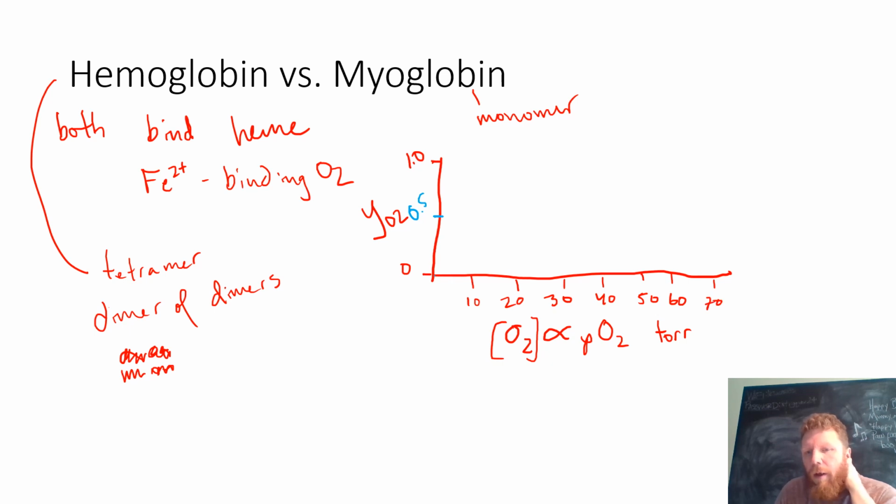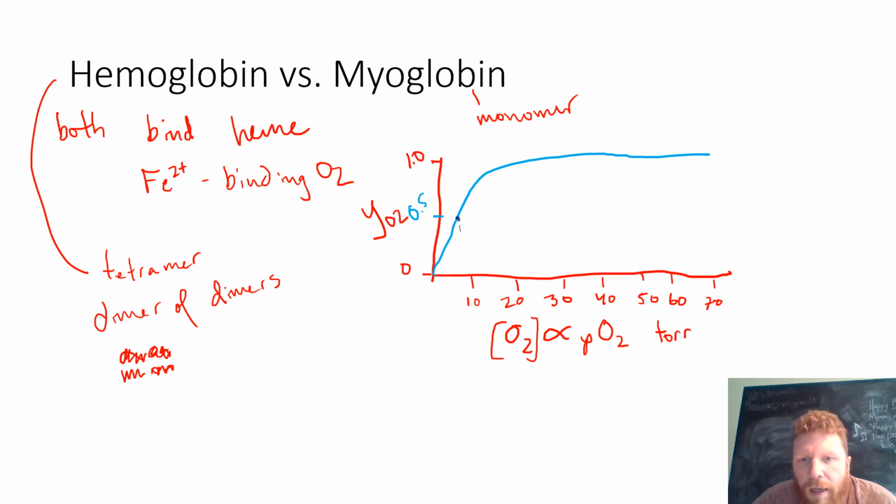Okay, now I'm going to draw a myoglobin binding curve, and it would look a little bit like this. It's going to at some point basically plateau out, but when you evaluate myoglobin, one of the things that you want to do is pinpoint where that P50 point is.